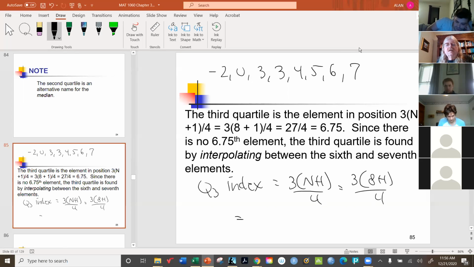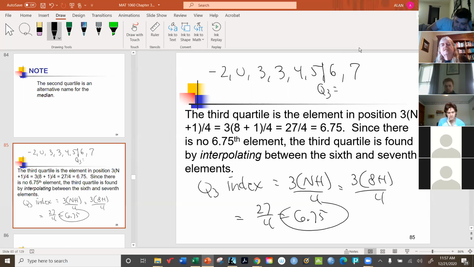Unfortunately, it's not an integer. It's 6.75. So that's going to be 1, 2, 3, 4, 5, 6, 7, somewhere in here. Well, there isn't one, is there?